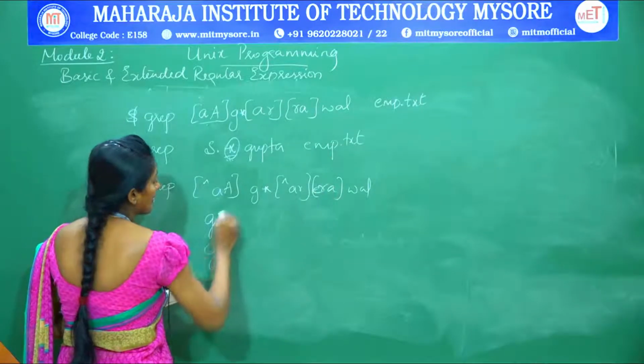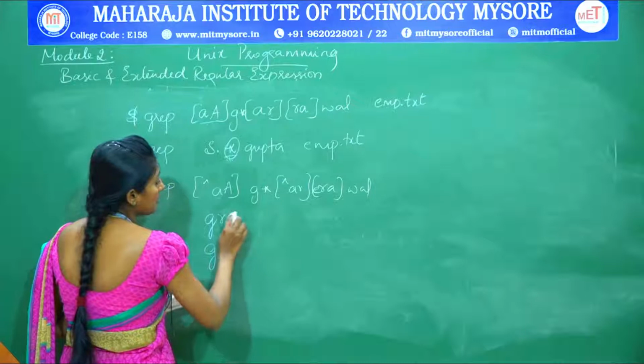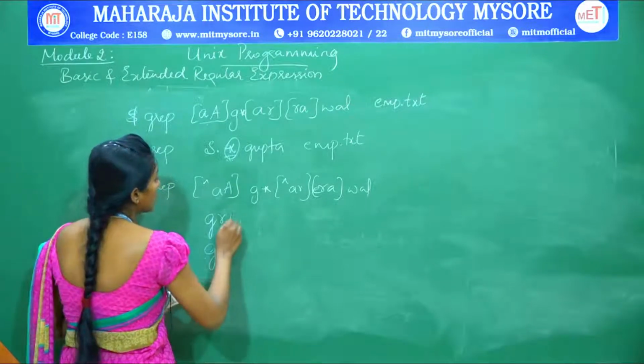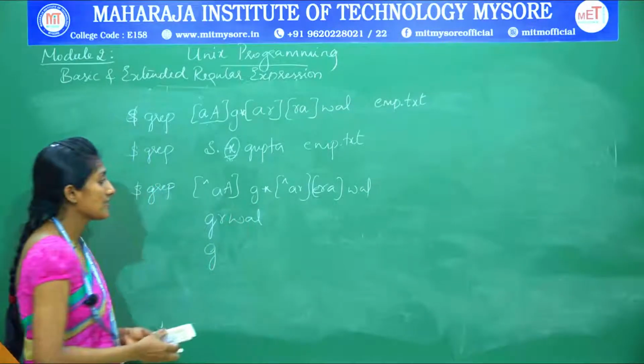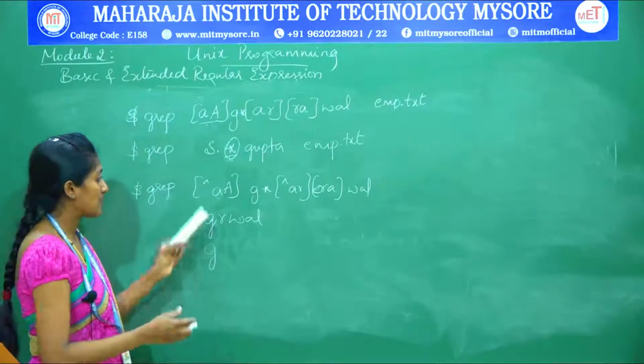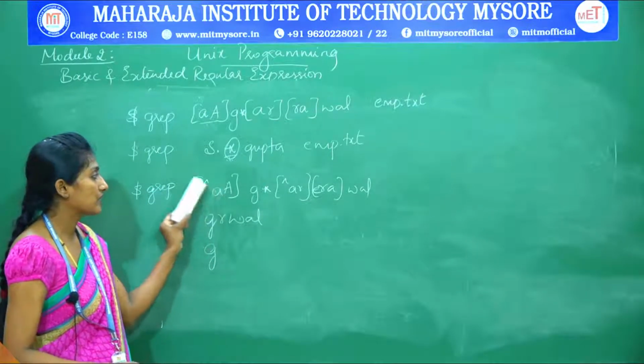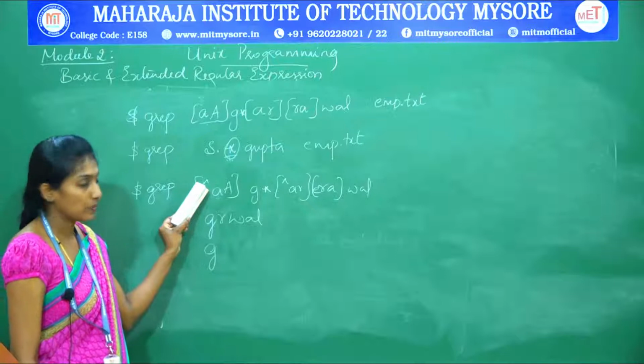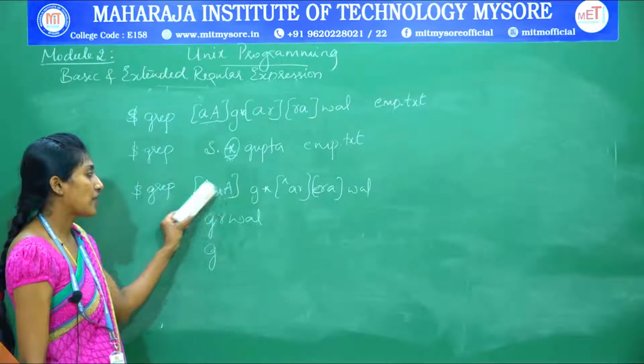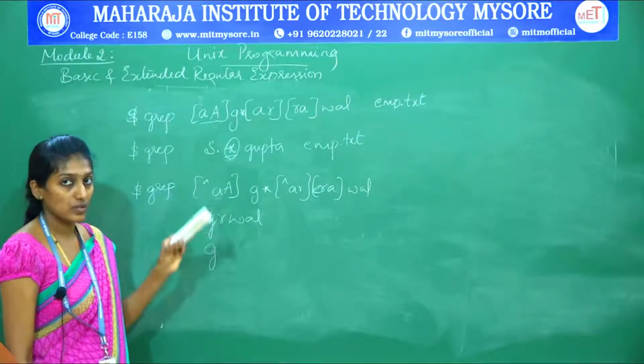So GRA, GR, then GRWAL, because here I have specified negation of AA within the character class. If the circumflex has been provided, it is not going to match these characters. So remaining characters will be matched.